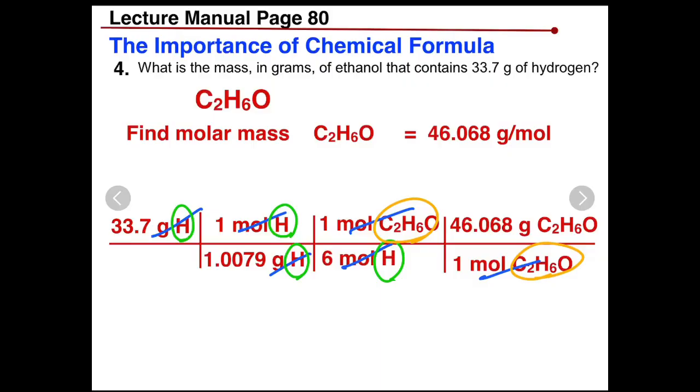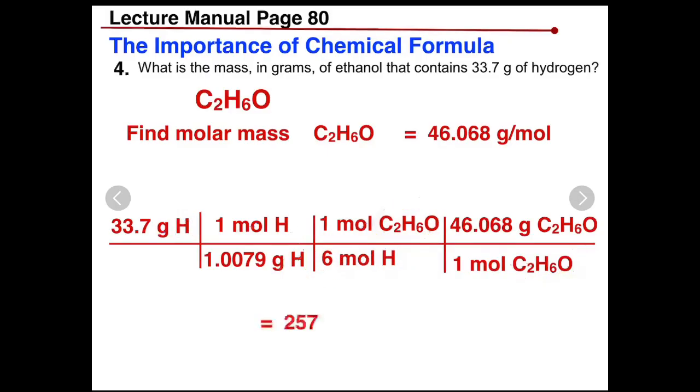When you are talking about mole or grams, make sure that you specify what species you are talking about. For significant figures, this is multiplication and division, so the smallest is 3 sig figs right here. These numbers 1 and 6 are called exact numbers, because in 1 mole of these there are exactly 6 mole of hydrogen. So they will not limit the significant figures of your answer.